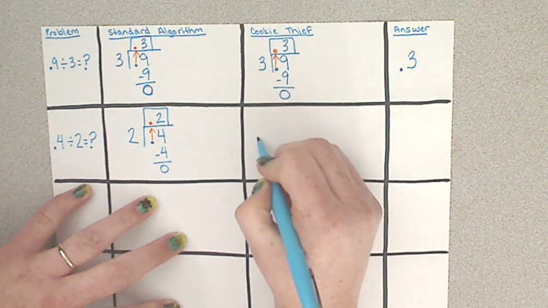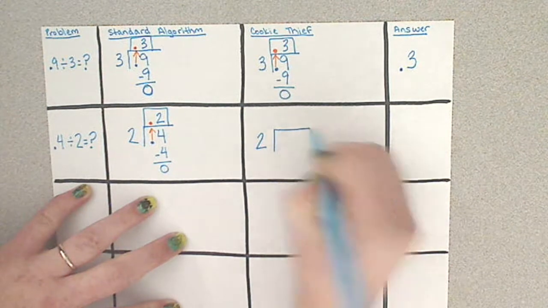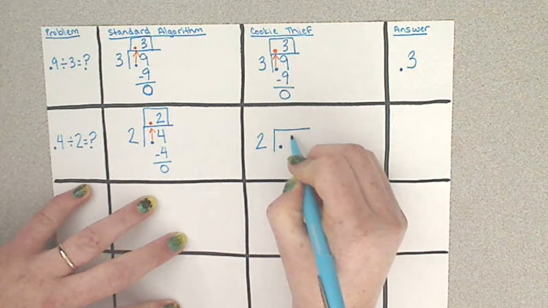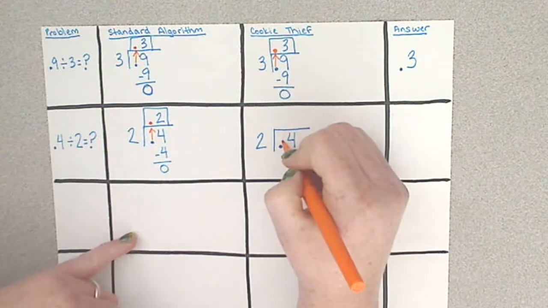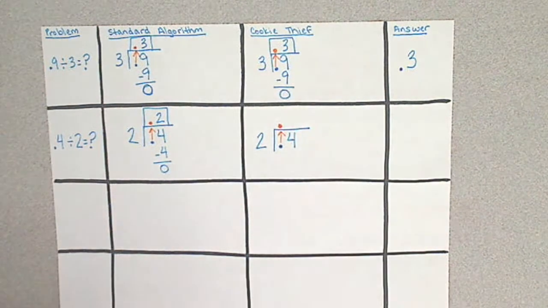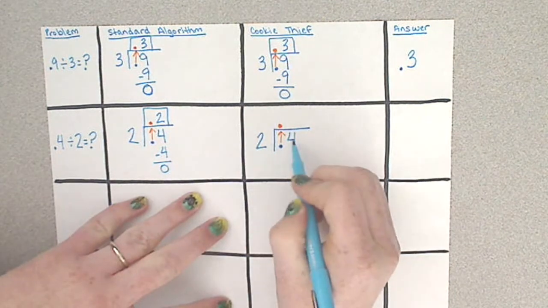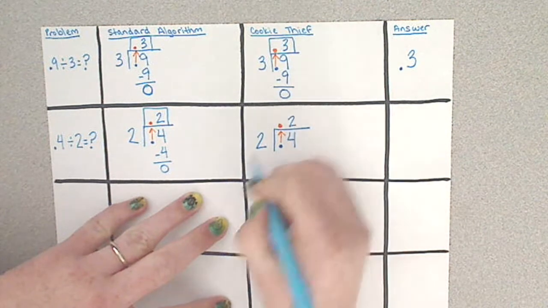So my cookie thief gets a call from his mob boss that he needs to steal cookies in sets of 2. And he goes to this apartment complex and he says, "Man, there's not a lot of people living here." We're going to move our decimal up into the quotient just like we did before. And he looks into the one window and says, "Well, I can steal 2 sets of cookies."